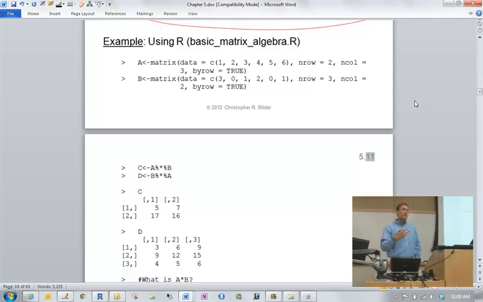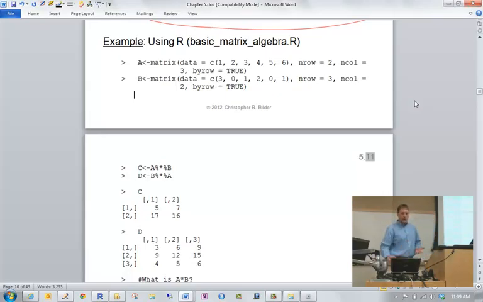Because we're not going to do matrix algebra calculations by hand. Yes, you need to know some of the basics. But generally speaking, I'm not going to ask you to multiply two, let's say, 10 by 10 matrices together on an exam. Okay? So, we were talking about matrix algebra, we were talking about multiplying matrices together last time.